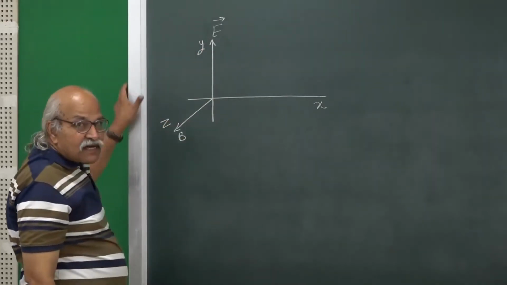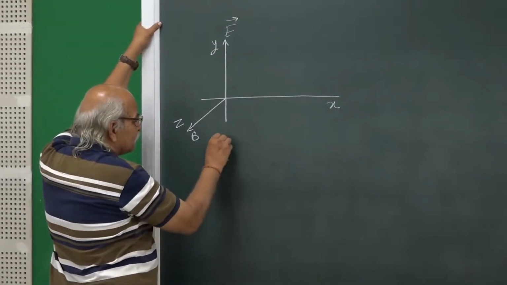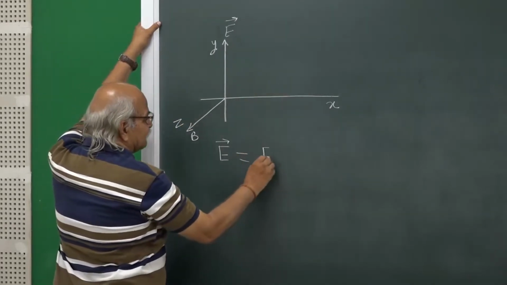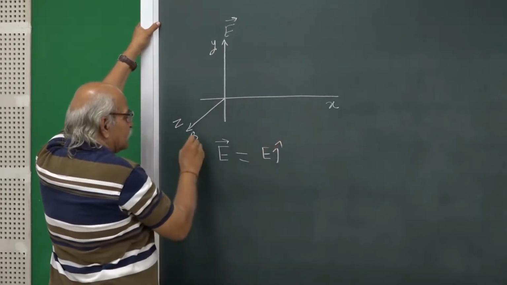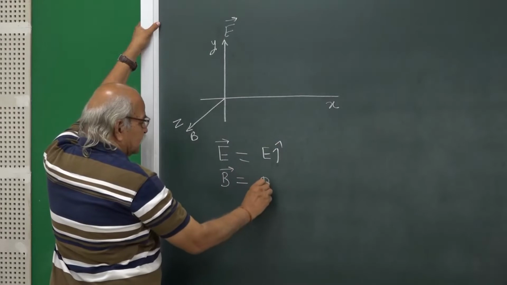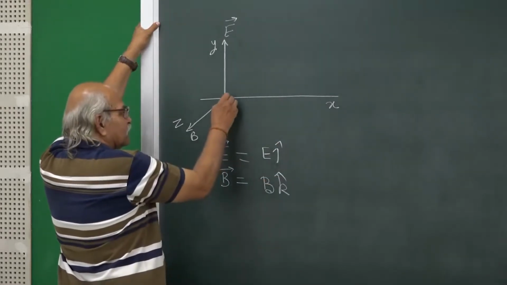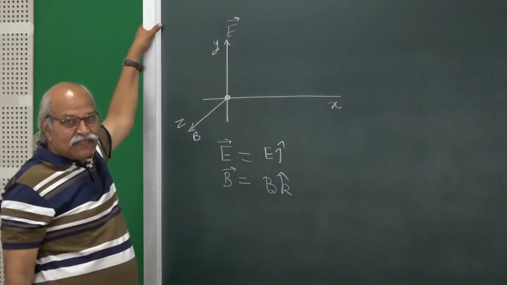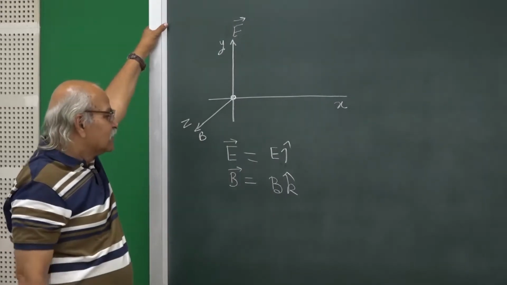So, what we are writing is that electric field E, which is supposed to be uniform, is E j cap, and this field B is B k cap. And then there is a particle which moves; we will set some initial conditions, but this will be the setup.